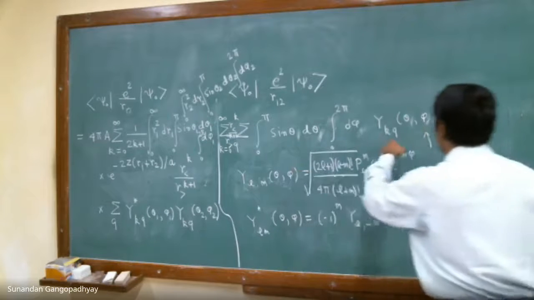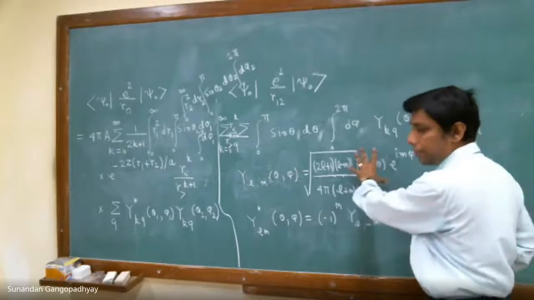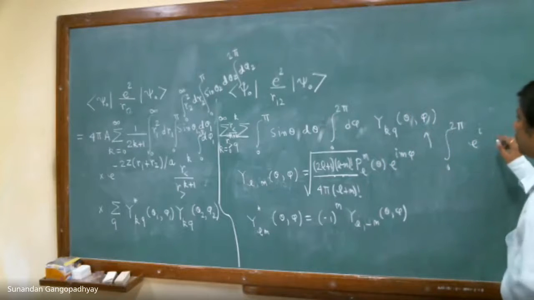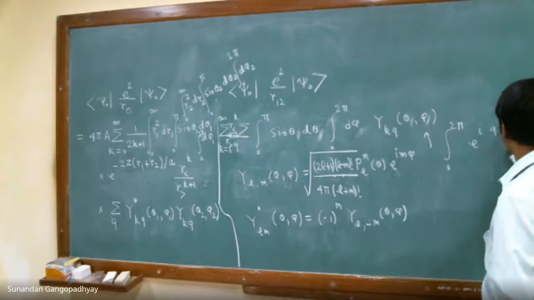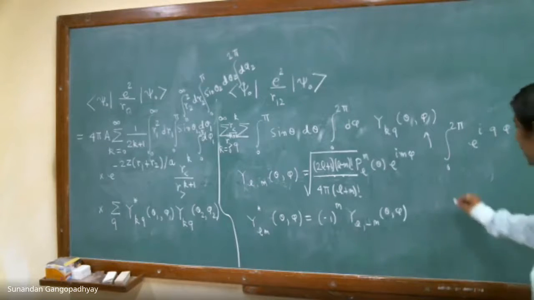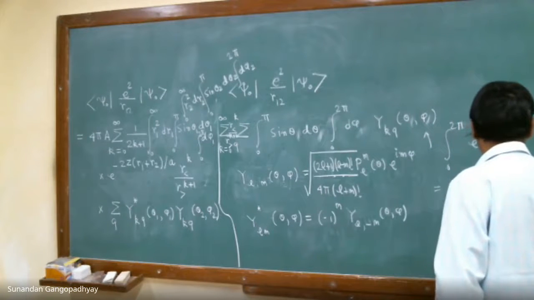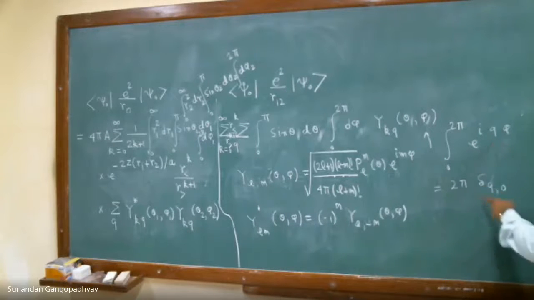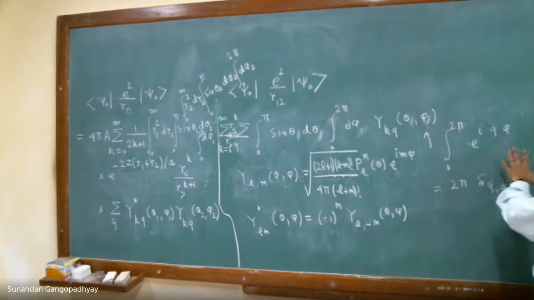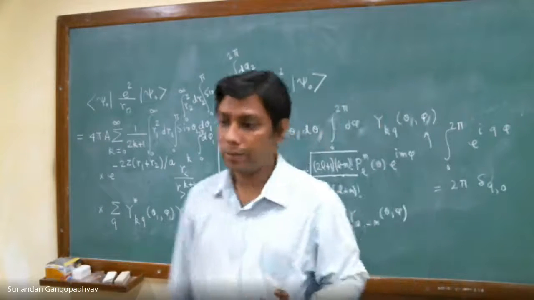So you have this integral, you put it over here, you have some constants, there is a P_lm, but let us do the φ integral first. So it will be e to the power of iqφ. And immediately you can see that this is 2π times Kronecker delta q0, because if q is not equal to 0, this integral vanishes, and if q is equal to 0, this integral gives a value of 2π.